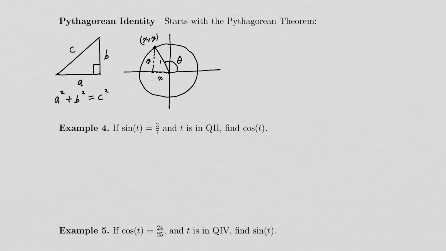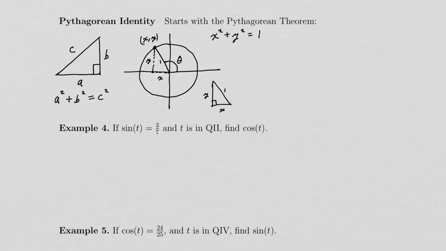If I use the Pythagorean theorem on this, even though x is negative, it still works, because I can square the value. So I can say x squared plus y squared is equal to 1, because my hypotenuse has length 1. I'm extracting out that triangle from the picture, where this is x, this is y, this is 1. So I have x squared plus y squared equals 1.